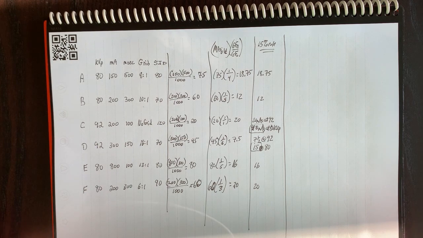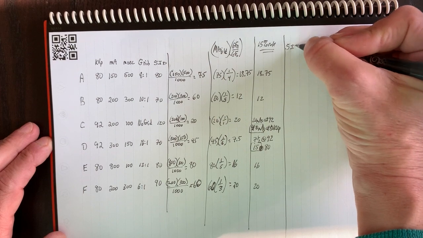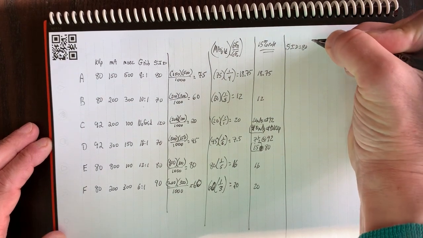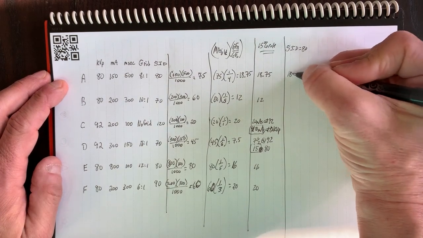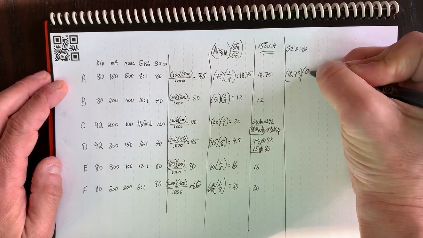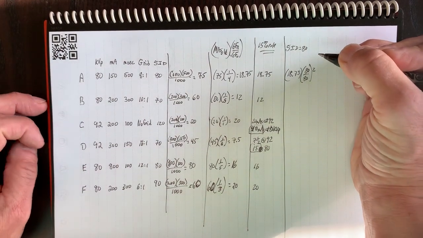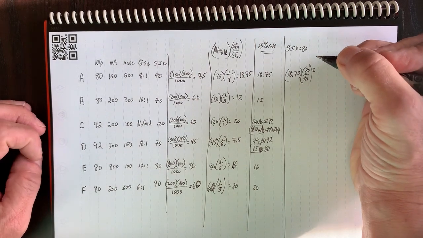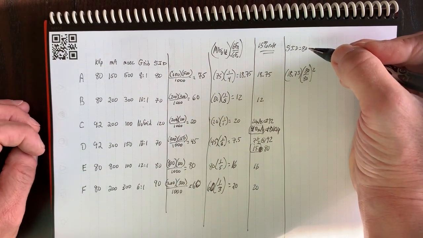So now we have to adjust for distance. I'm going to say, well, what if they were all at 80? So in the first one, the distance is 80, so I would do 18.75 times 80 over 80 squared, because it was already at 80. It's the distance new over the distance old squared.